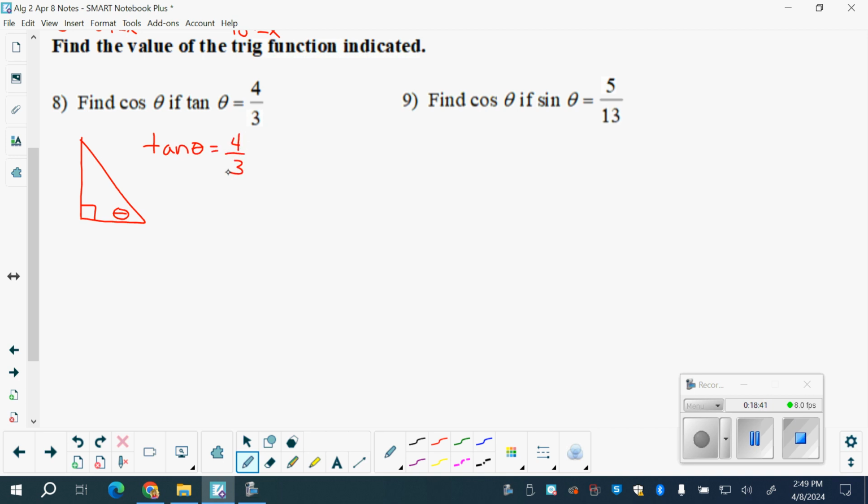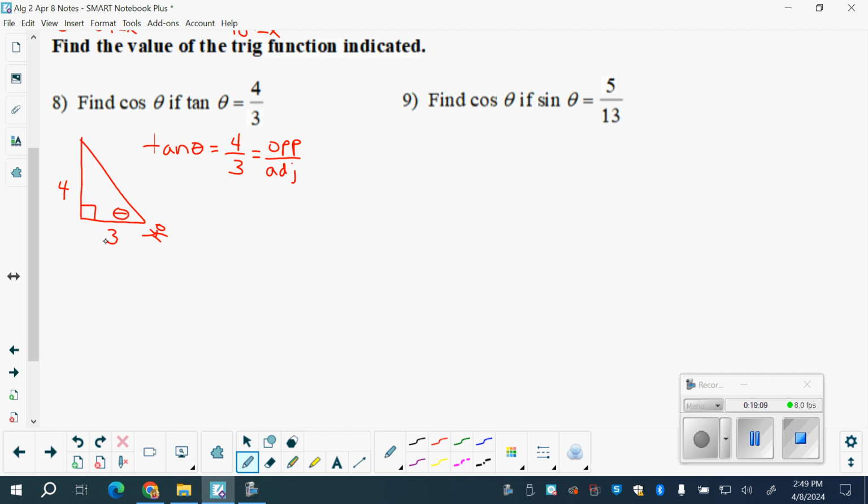So tan theta is what over what? Opposite over adjacent, according to SOHCAHTOA. So the 4 is opposite, so the 4 would be right here. Draw our little person here. And then the adjacent would be right here. Does that make sense that the adjacent is right there?